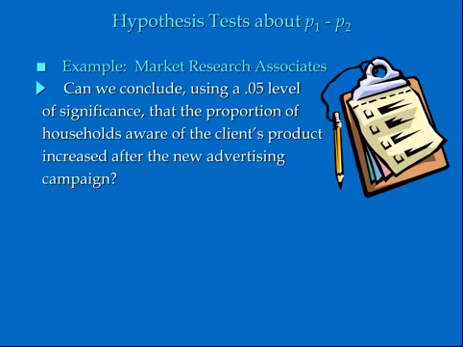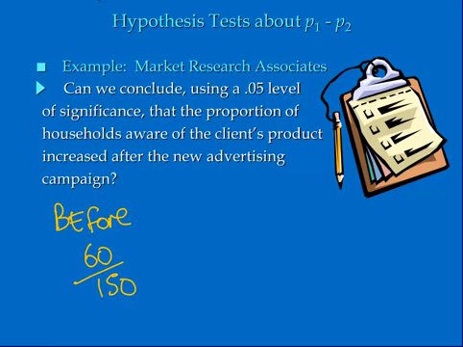So, this is from an earlier example I used in the previous part. This was related to the awareness of a product before and after an advertising campaign. Before, it was 60 out of 150 houses.